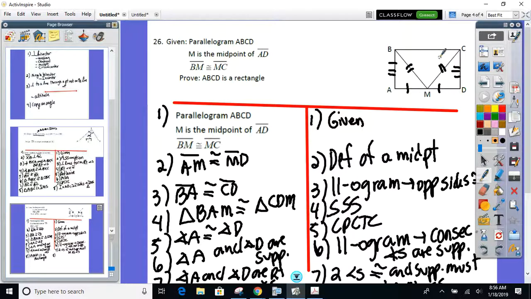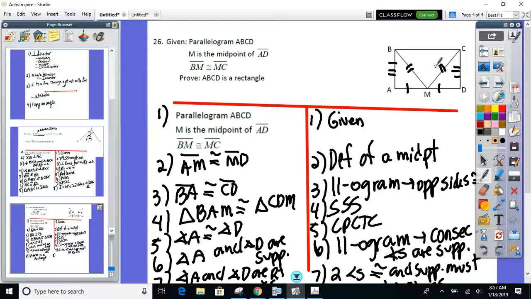I'm trying to think how you got A, D, B, and C all congruent. Did you do opposite angles, a couple of substitutions? Yeah, and that's fine. Yes, you can do it that way. Yes, Vincent. Probably not.